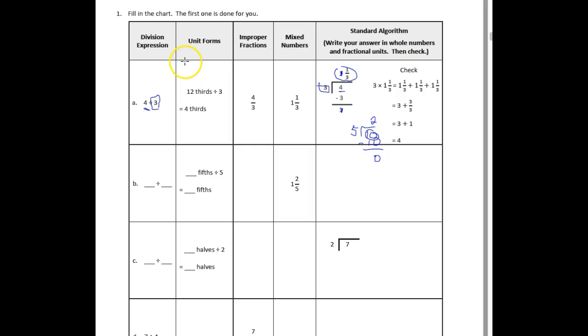If you have 12 thirds and you're dividing it by 3, it's like 3 over 1. And so here's kind of a trick when you get further along in your education. When you're dividing by a fraction, you're actually going to flip this one and then multiply. So this one stays the same, 12 over 3.